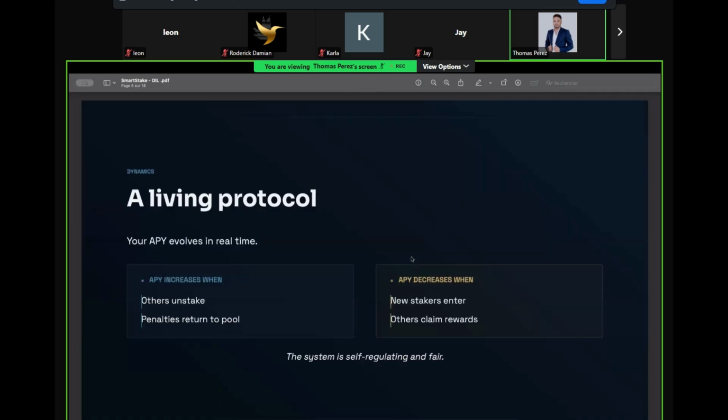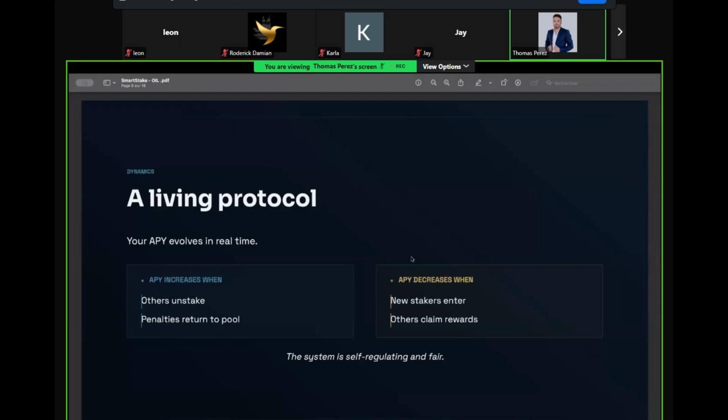And there is something very important to understand: this is not a static system, it's alive. Your APY is constantly evolving based on what other users are doing. If someone leaves the pool, your share increases. If someone enters, your share decreases.